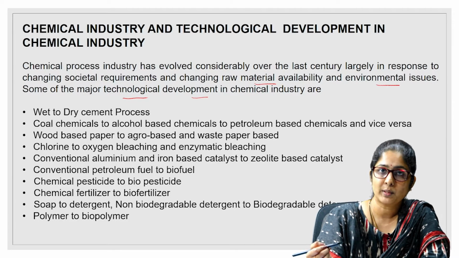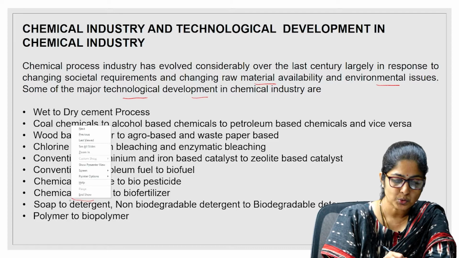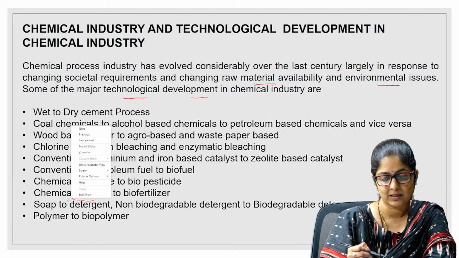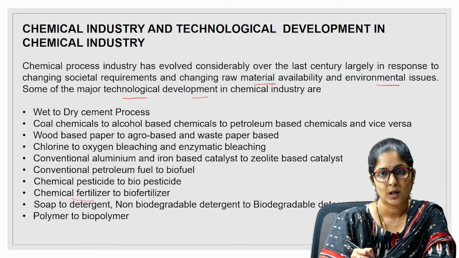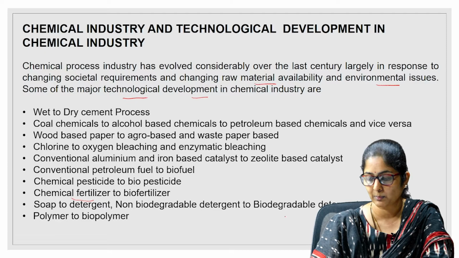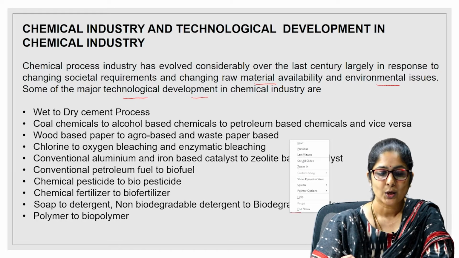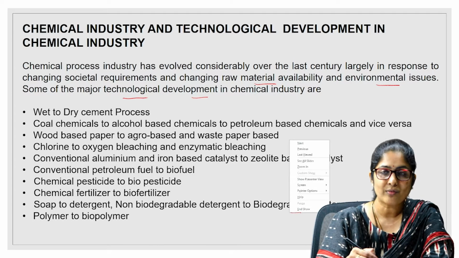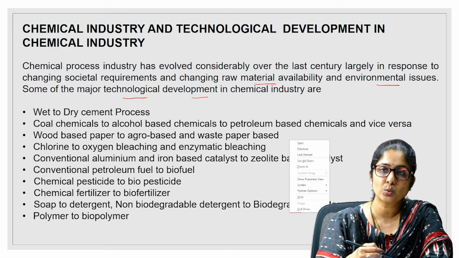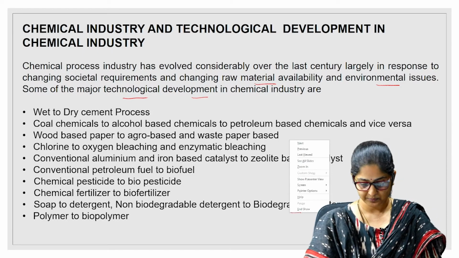A few decades ago, we were using chemical fertilizer, but due to the growth of the chemical industry, we now have biofertilizer. Few decades ago, people were using soaps and detergents, but now we have biodegradable and more sustainable options. These applications represent the growth of the chemical industry in the last century.